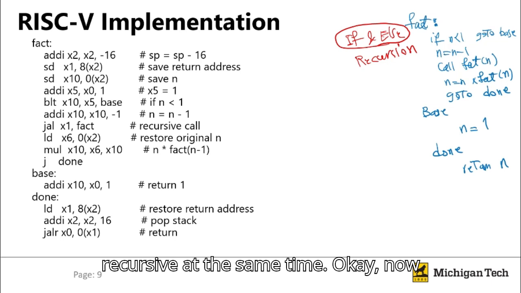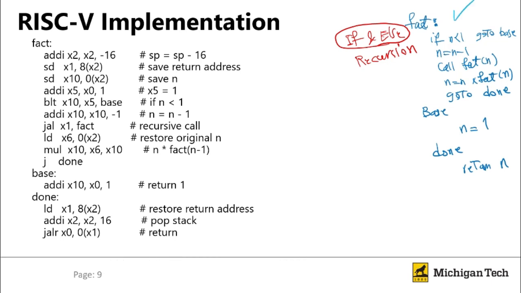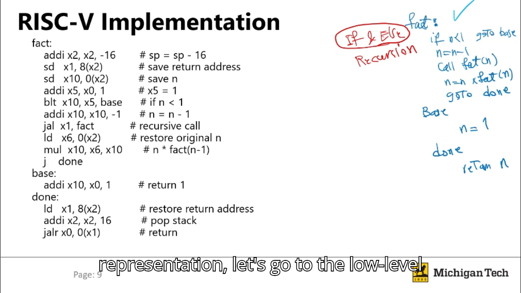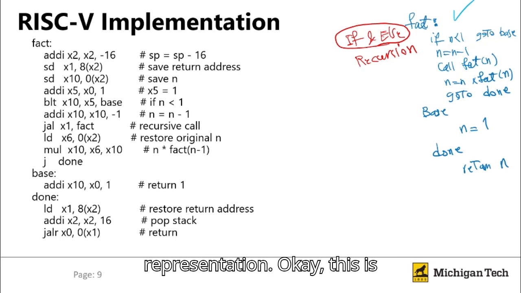Okay, so this is how we are dealing with if and else and recursion at the same time. Now that we know this high-level representation, let's go to the low-level representation. This is exactly similar to the C version, but a little bit similar to RISC-V as well. So let's see what's happening here. First of all, factorial is a non-leaf.